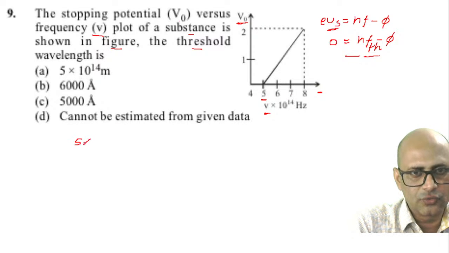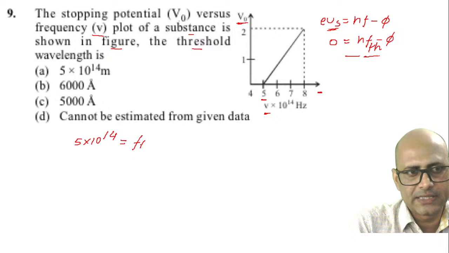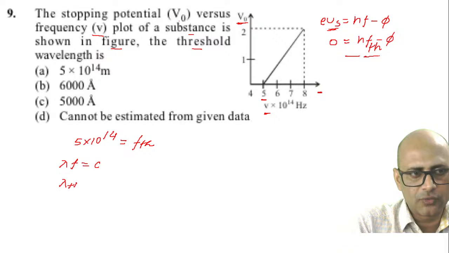So 5 into 10 to the power 14 is your threshold frequency, and we know that lambda times frequency is the speed of light c. So the threshold lambda will be c by f.